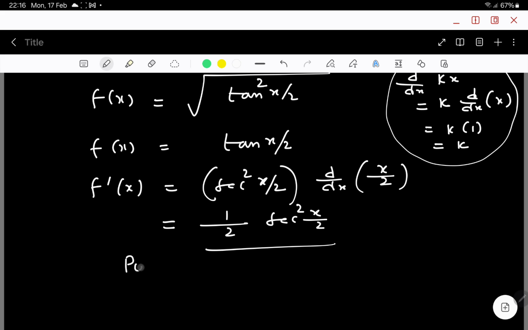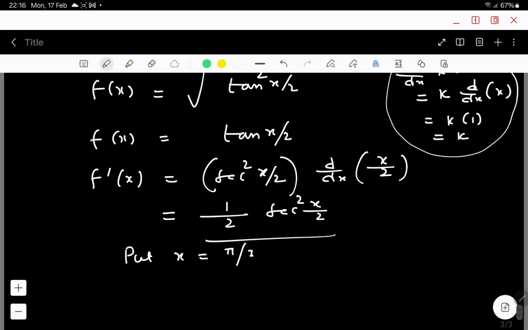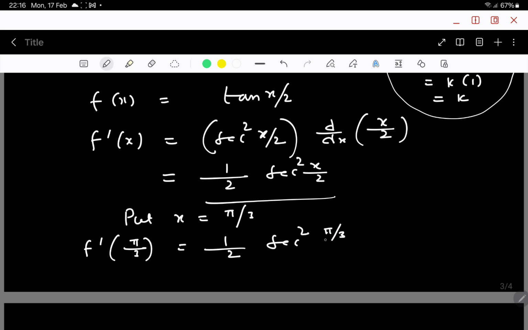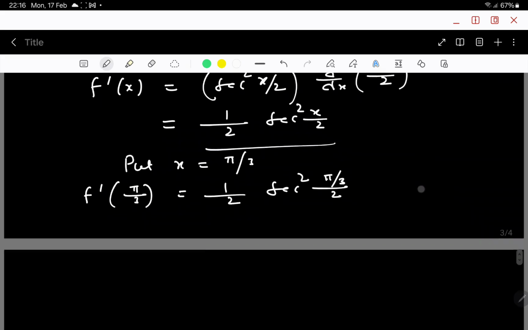So f dash of pi by 3 is equal to 1 by 2 secant square of pi by 3 by 2, that is pi by 6.